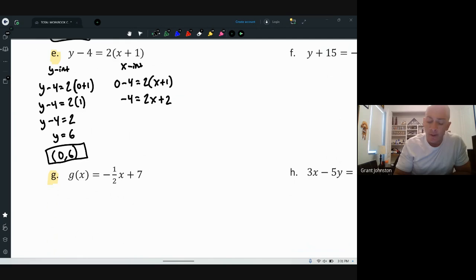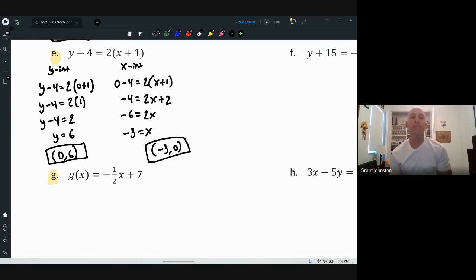I'm solving for x here. I'm going to subtract 2 from both sides. I'll have negative 6 equals 2x. Divide by 2. Negative 3 equals x. So (-3, 0). So just solving. Let me just do one more.